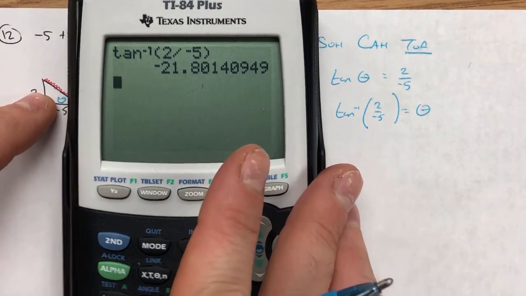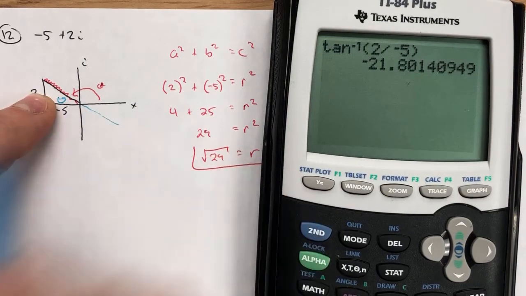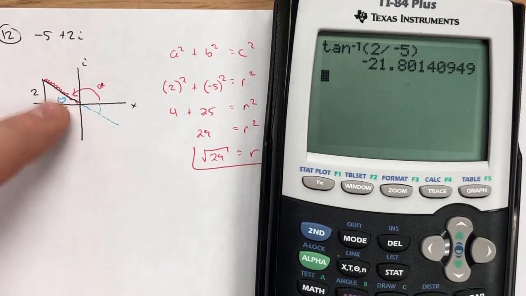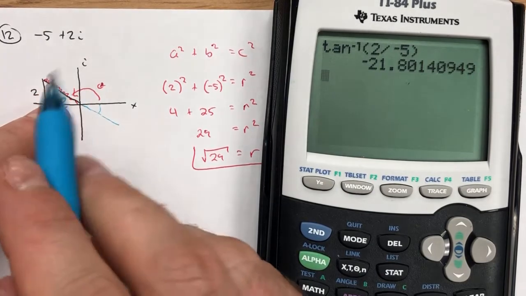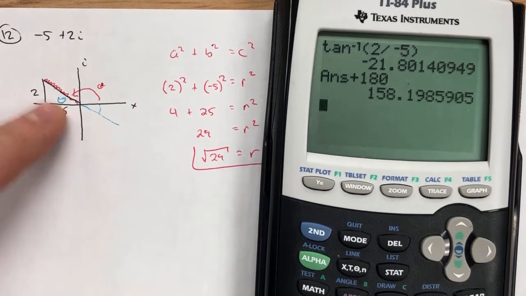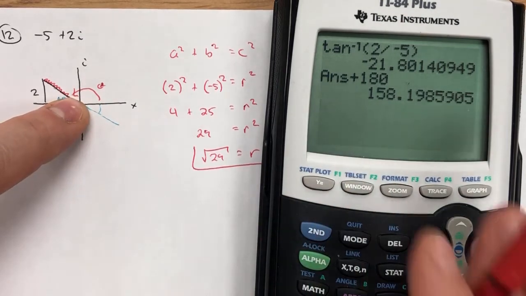Now that negative 21 should throw up a slight red flag, because it gave you this angle. But it doesn't really hurt, because I know if that's negative 21, that's positive 21. I'm going to take 180 degrees and subtract that anyway. So let's add 180 degrees. My leftover right here is that. So I'm going to write this down.